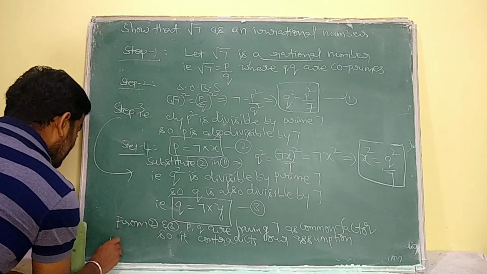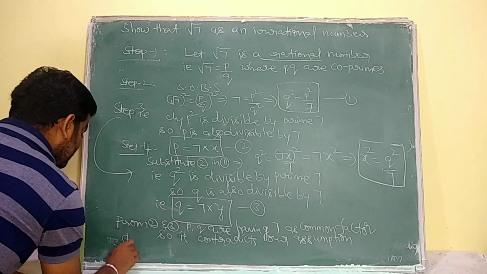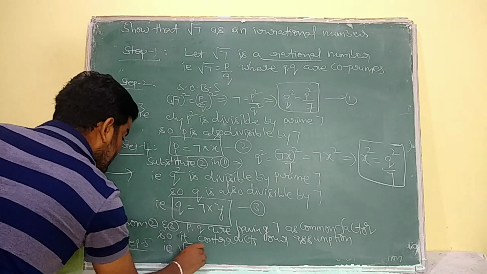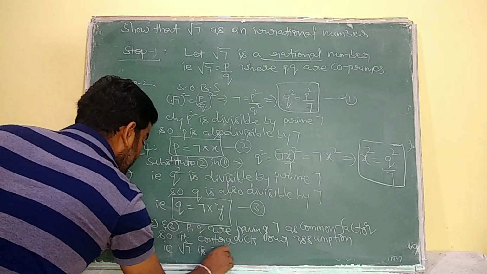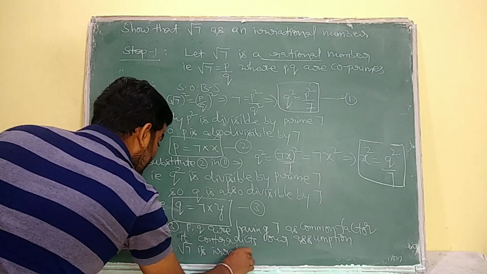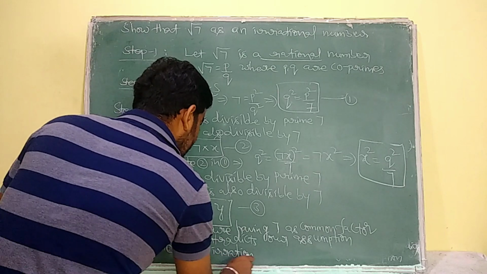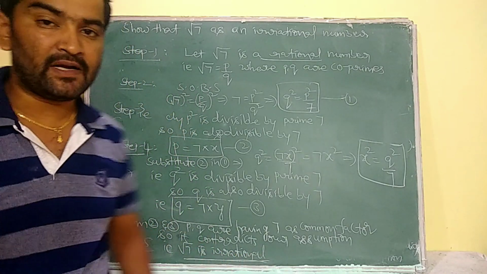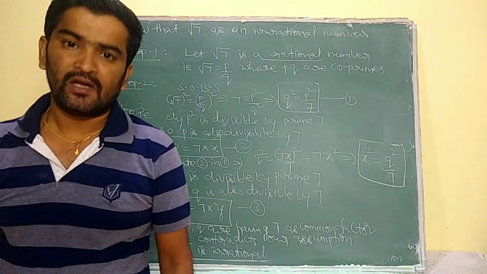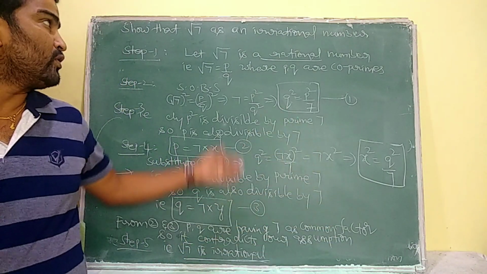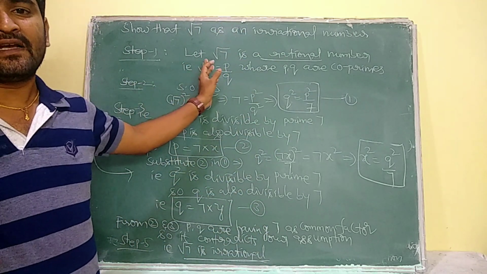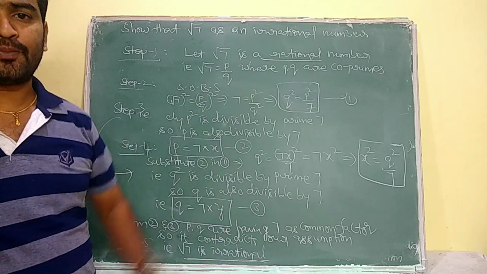That is step 5, that is root 7 is irrational. Root 7 is irrational. I hope you understand. Now, if he asks you to prove root 13 as an irrational number, just replace that 7 with 13. I hope you understand.